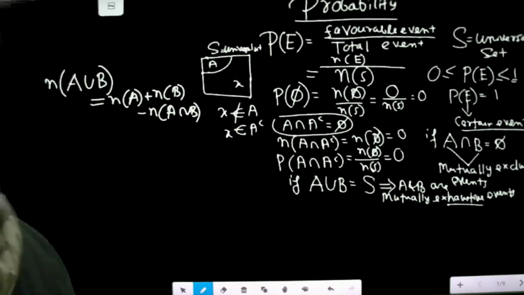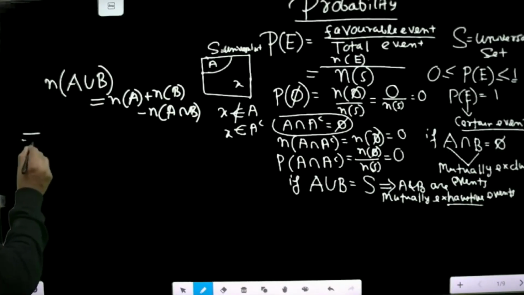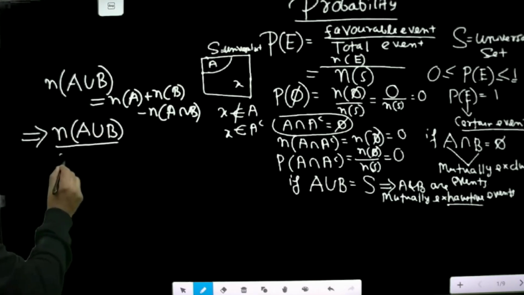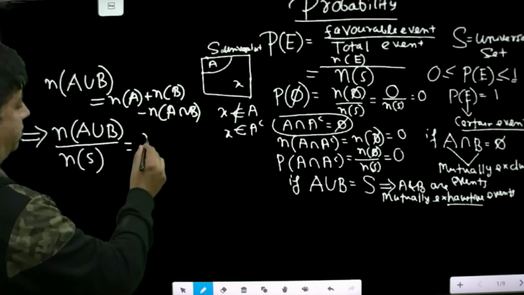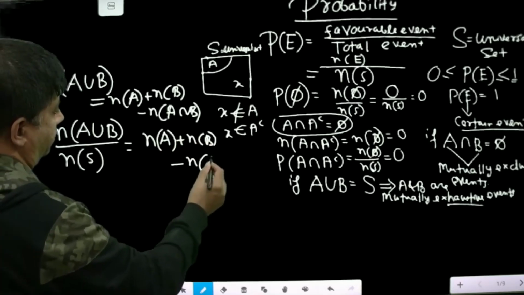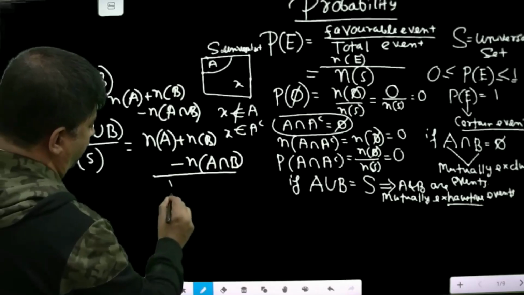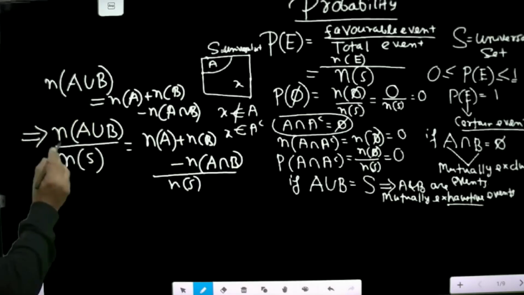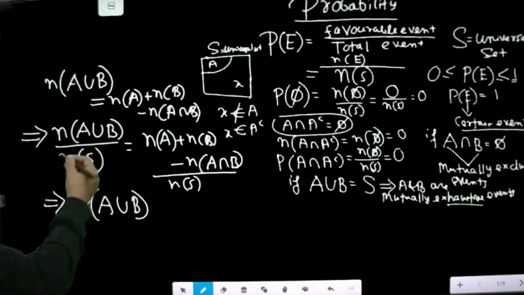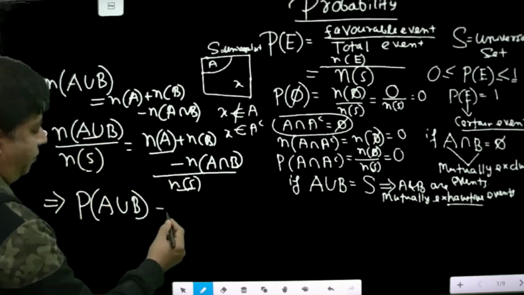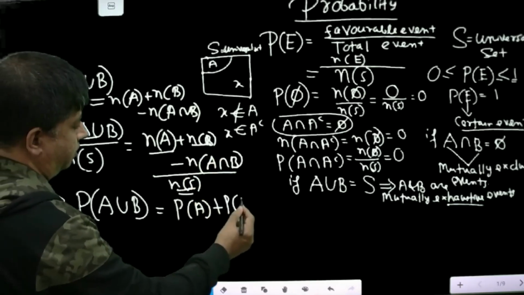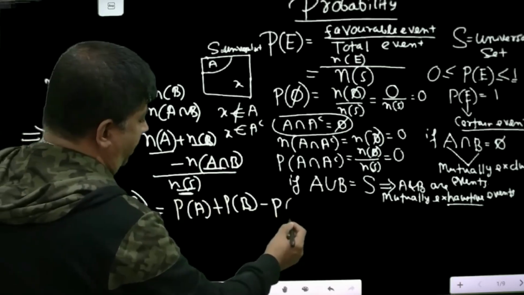Now, if you divide both sides by n(S), that will give you one important result of probability: P(A union B) = P(A) + P(B) - P(A intersection B).